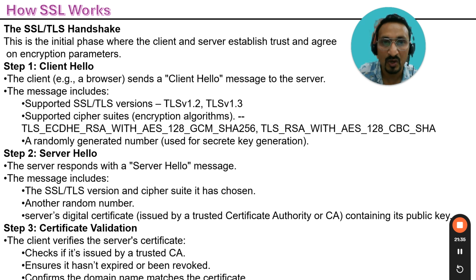Also, in the next phase, the server will share the certificate, which is signed by a trusted certificate authority. Once the certificate reaches the client, the client will validate the identity of the server. How will it check the identity of the server?